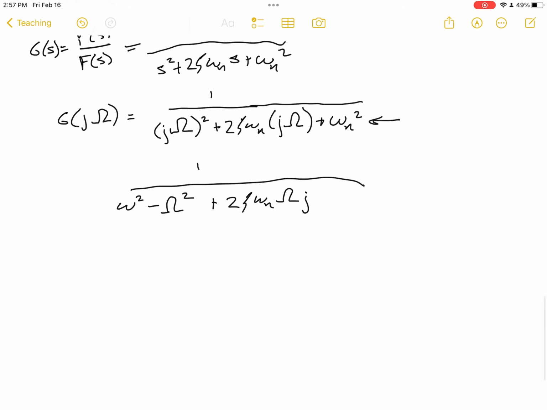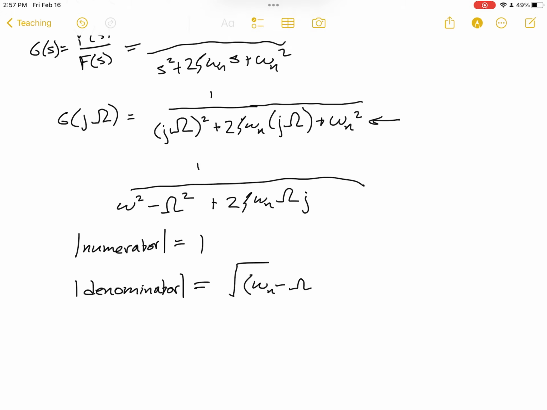And so the magnitude of the numerator equals 1. The magnitude of the denominator is going to be the square root of the real part squared, omega n squared minus omega squared, squared, plus the imaginary part squared, which is 2 zeta omega n omega squared.